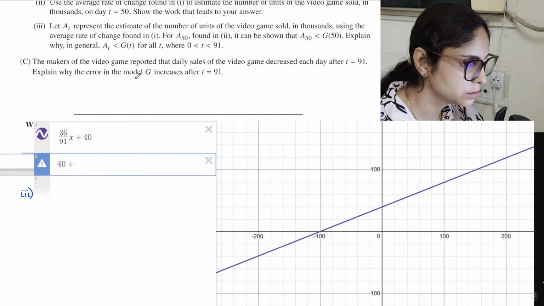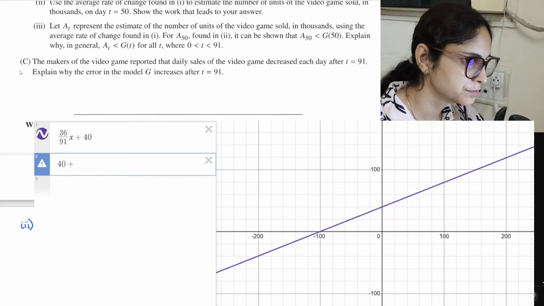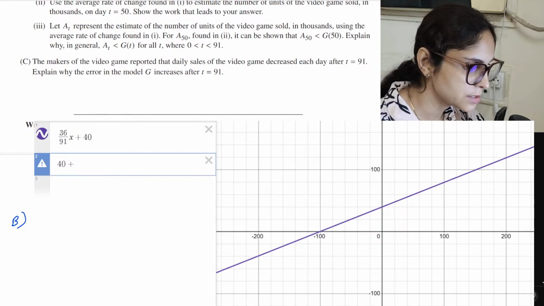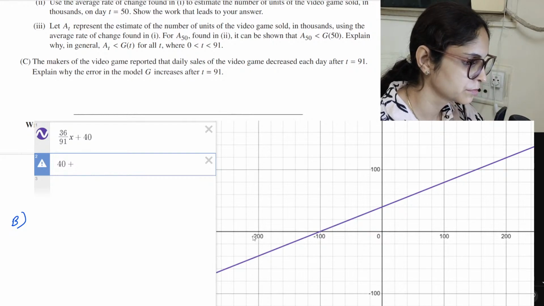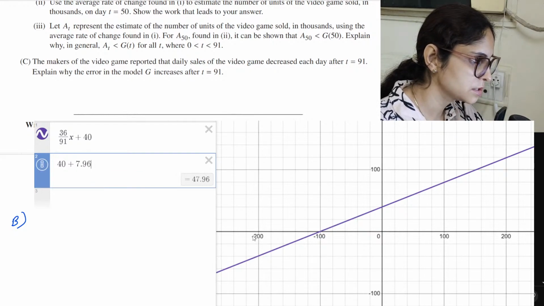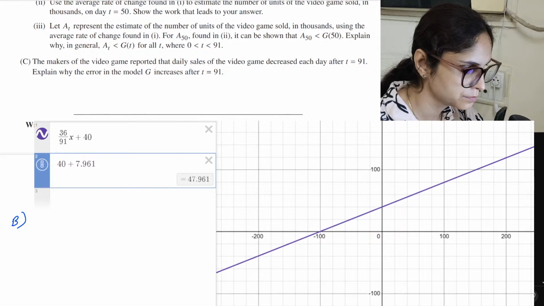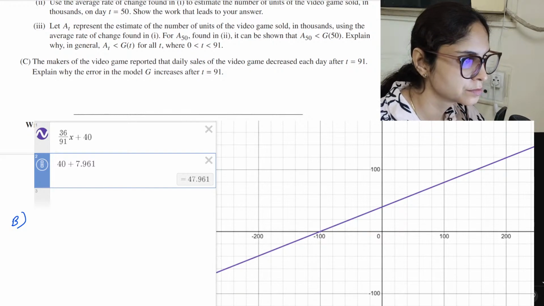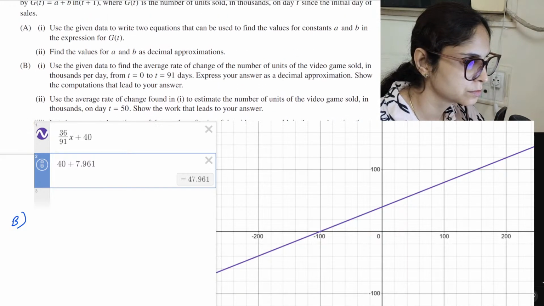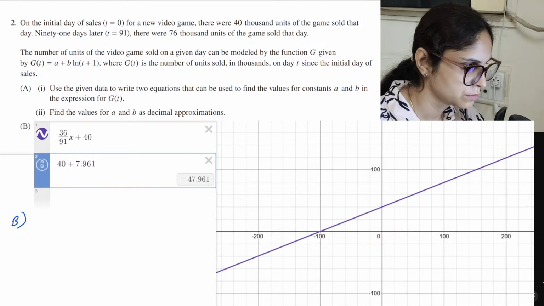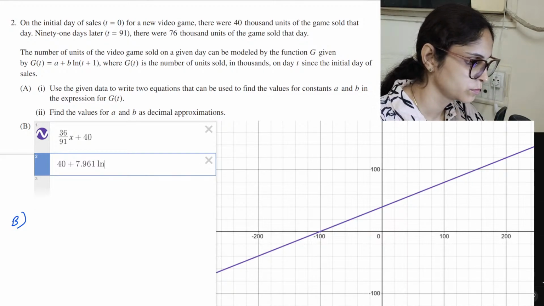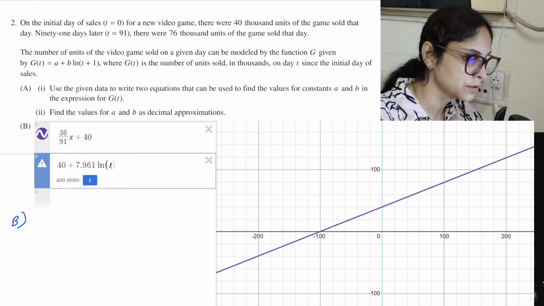If we look at over here, 7.961. Seven point nine six one ln(t plus 1).